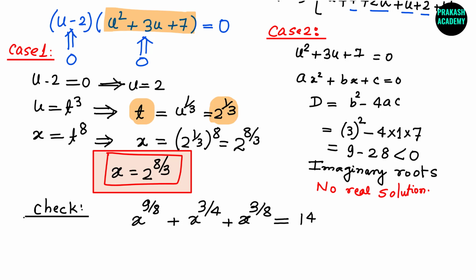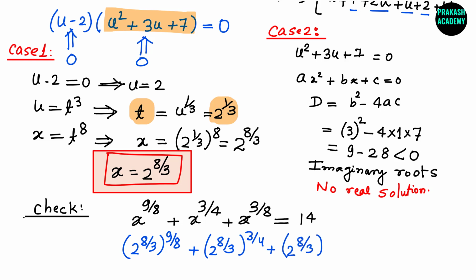Now let us plug in the value: 2 raised to the power 8/3, then raised to the power 9/8, plus 2 raised to the power 8/3 whole power 3/4, plus 2 raised to the power 8/3 whole power 3/8.